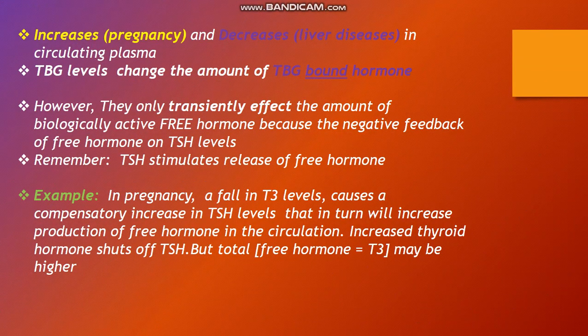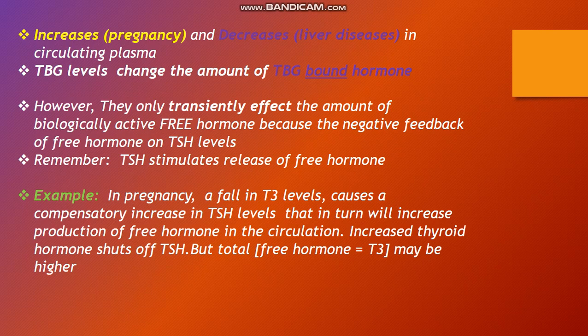See here, TBG level increases in pregnancy and decreases in liver disease in circulating plasma. TBG level changes the amount of the TBG bound hormones. जब pregnancy में increase होगा तो गोया hormone will be more and more in the bound form. जब bound form में होगा तो it means free hormone will be less available.